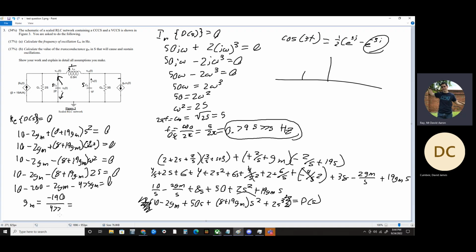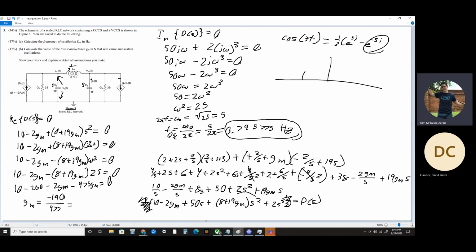Wait. I will make sure this is right. 1 second. 10 minus 2 gm minus 8 minus 19. 10 minus 200. Yeah, there's going to be 3 negative components, and then the 10 is the only thing that's positive. So 10 minus 200 turns into negative 190.